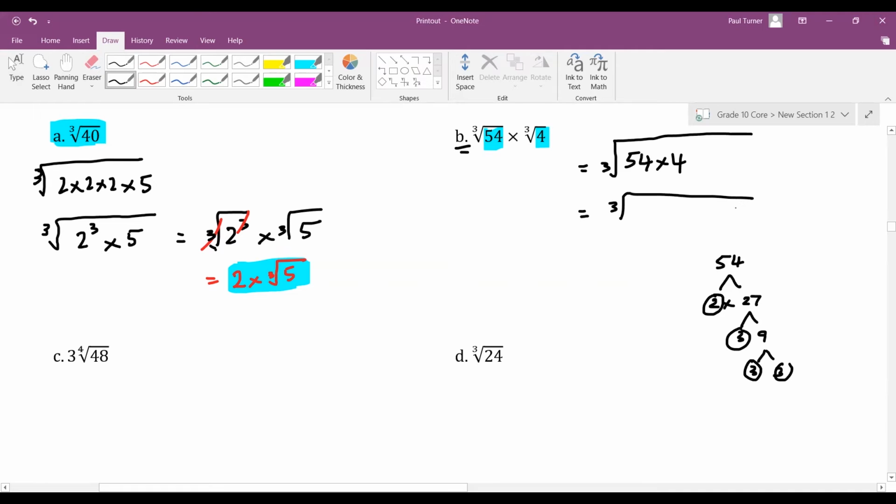So the cube root of 54 is 2 times 3 cubed. So let's put the 2 first: 2 times 3 times 3 times 3. And then we've got a 4, which is 2 times 2.